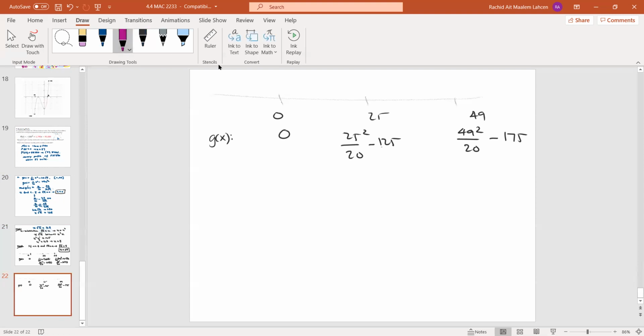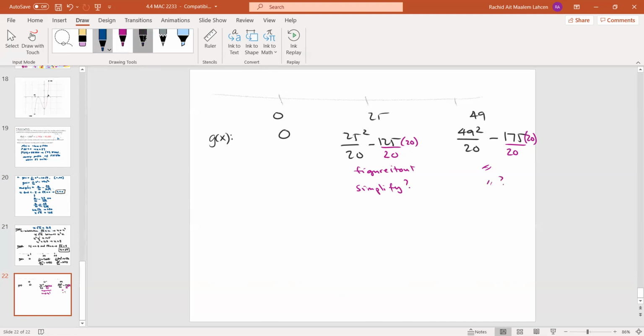So we will need to do the common denominator, 20, 20, for each one and solve, and simplify if it simplifies.